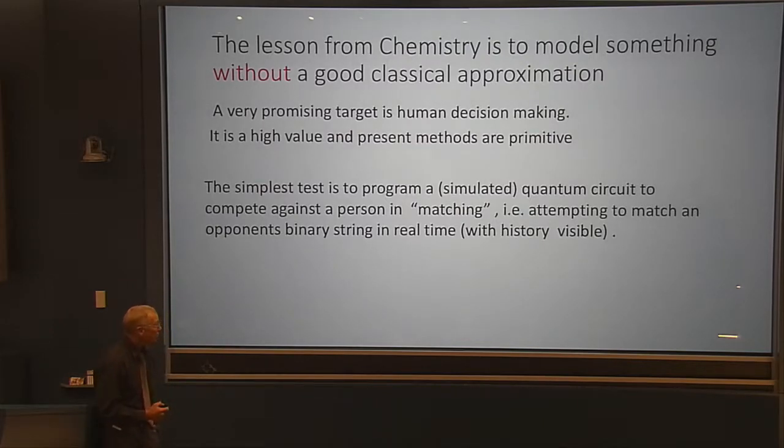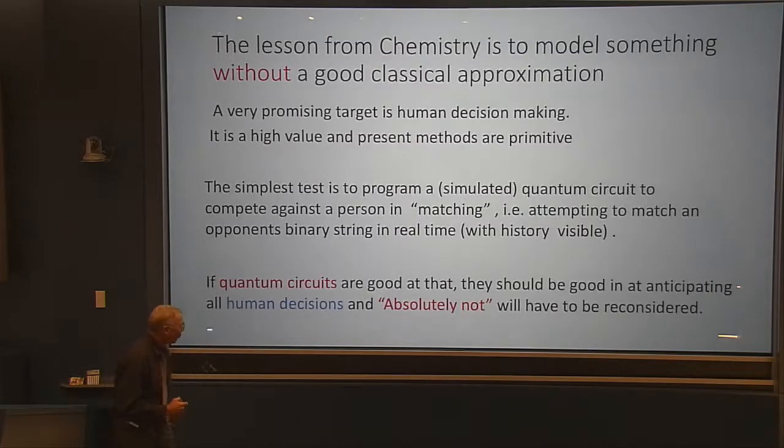So I think this is an interesting problem. Actually, Scott Aaronson has on the web a game where you can compete against a classical robot, and the robot will get into your head and beat you pretty quick. But if quantum circuits are good at this game, perhaps compared to classical circuits, I think it's not such a far leap to say that human decision making in general might be a topic where quantum models are useful.